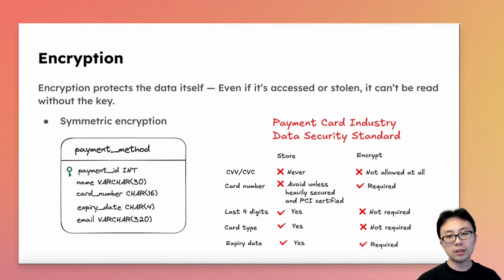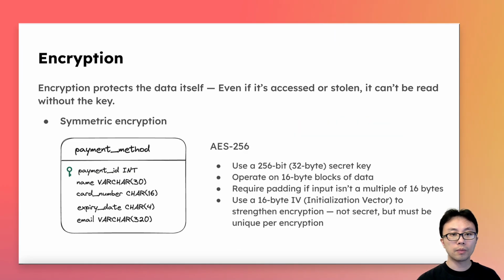If we use AES 256 to encrypt both columns, we need to get on the same page in terms of how AES works first. These algorithms use a 256-bit secret key for encryption and decryption. It operates on blocks of 16 bytes of data.